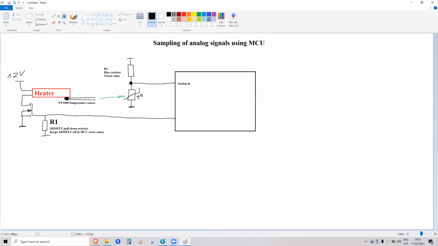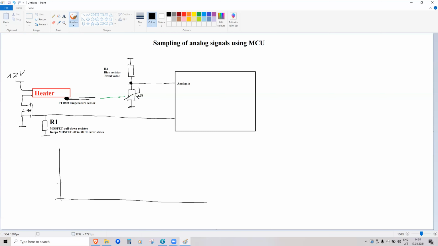So it's possible that some electromagnetic noise gets into these wires, and it creates a noisy signal here. And the second thing is, the heater heats up, the temperature goes up, the heater cools off, the temperature goes down. So the signal is changing, and I'll just draw it.